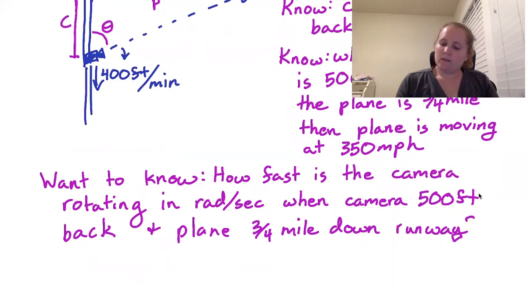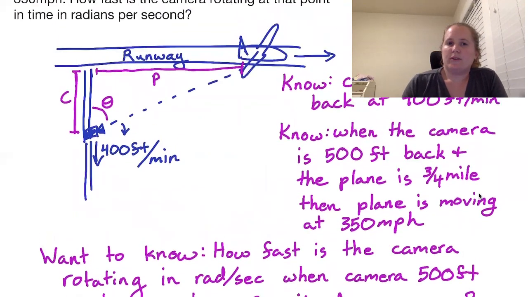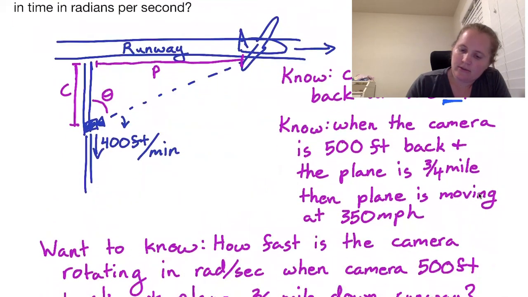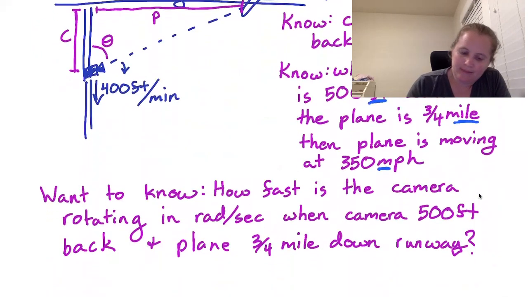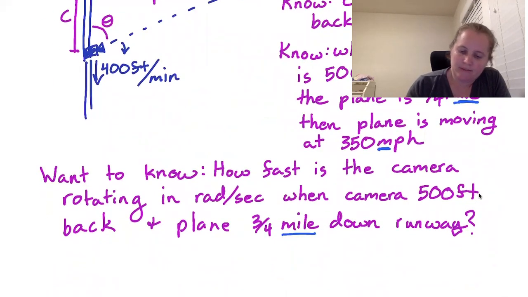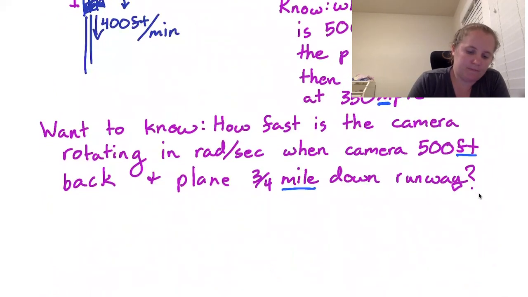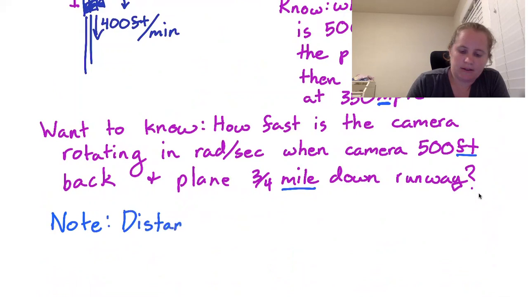So just some things to watch out for in terms of units. For distance, we have feet, miles, and miles and feet. So just note that distance is in both miles and feet.